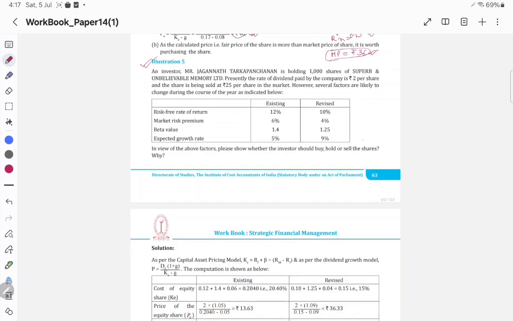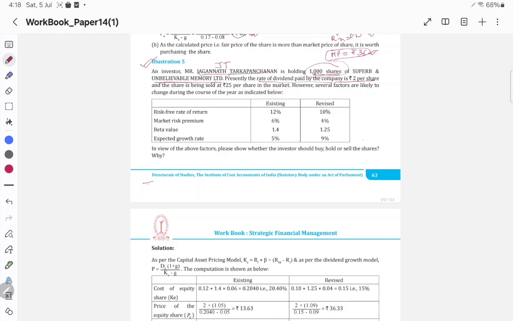Okay, an investor, Mr. Jagannath, we will call him JT. Mr. JT is holding 1000 shares of Superb and Unbelievable Memory Limited. It is a company. Presently the rate of dividend paid by the company is 2 per share.